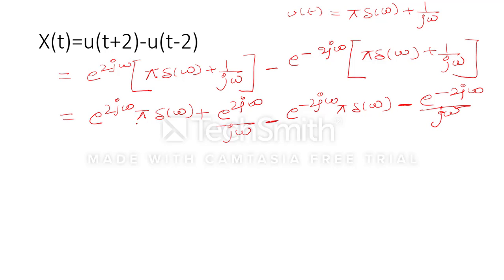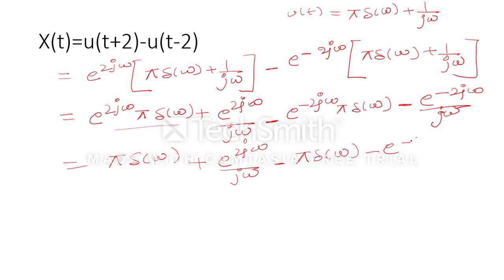Because here δ(ω) is multiplied by e^(2jω), if you remember the sampling property, because here zero shifting is there, 0 will come here, and e^0 will be 1. So this term will become πδ(ω) plus e^(2jω)/(jω). This term, again using the sampling property, when you put ω equal to 0 it will become 1, so πδ(ω) minus e^(−2jω)/(jω).